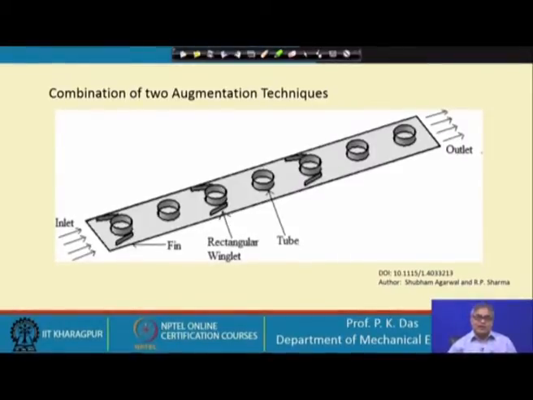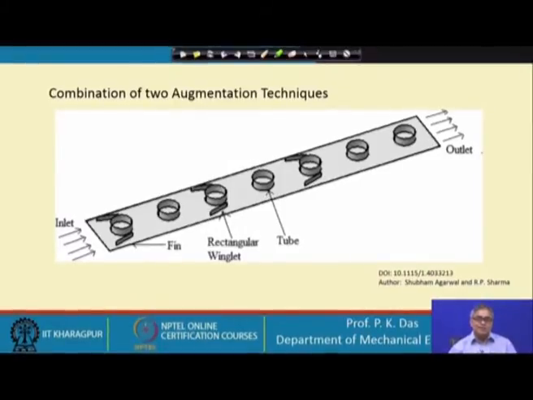So, this is the basic design, and on this basic design what I have done here is we have provided rectangular winglets for alternate tubes. When the fluid flow takes place, some sort of vortex will be created behind this winglet. Fluid flow is from this side, and behind this winglet we will have a vortex which will give higher heat transfer due to the change in the heat transfer coefficient.